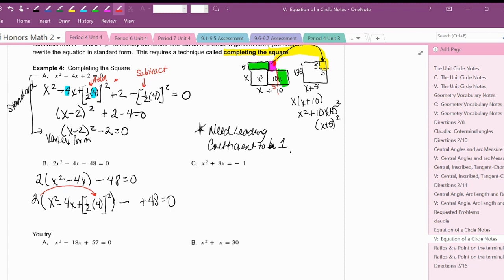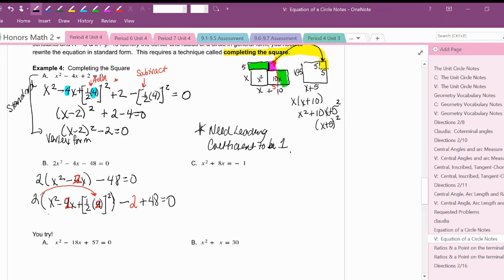Oh, and I screwed up. My bad, I forgot to take this out. So I'm only taking half of 2. I'm sorry, I'll fix my mistake. So half of 2 would be 1. I would square 1, but I'm doubling it up. So I have to subtract a total of 2.